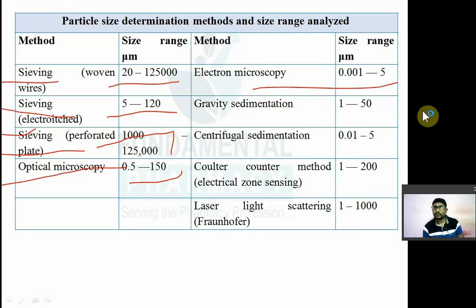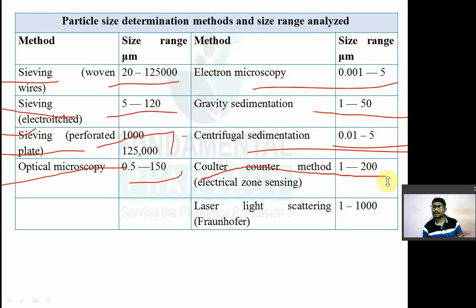By using the sedimentation gravity method, the range is 1 to 50 micron. By the centrifugal sedimentation method, the range is 0.01 to 5 micron.